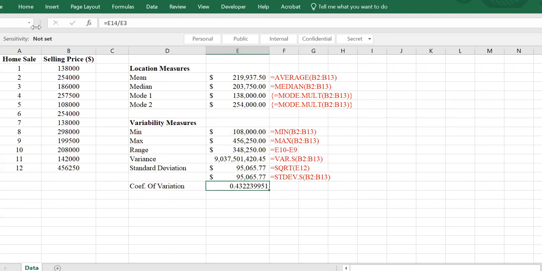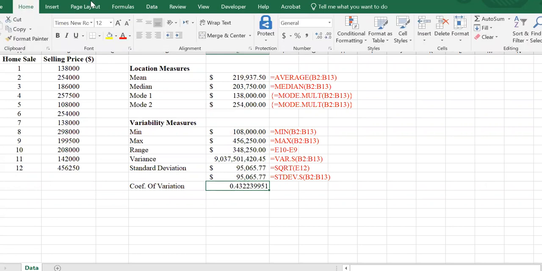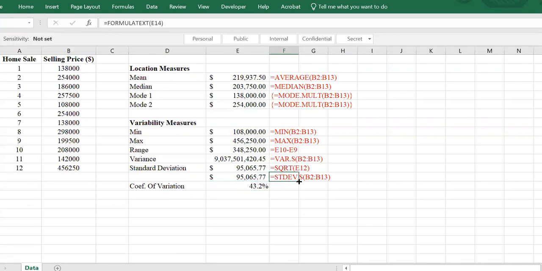If you want to show it in percentage, you go ahead and show it in percentage format, add some decimals. That will give you the coefficient of variation, 43%.